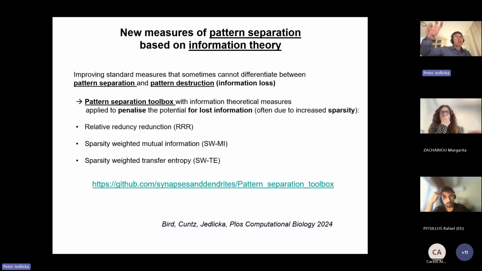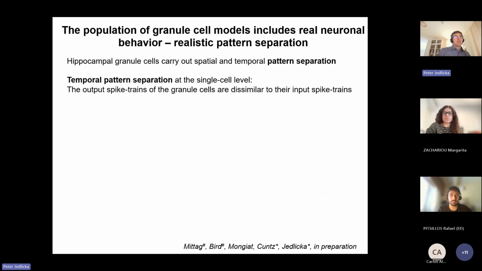But if you lose information, then you also decrease pattern separation. So basically, it's a combination of sparsity and mutual information. Okay, you don't have to understand this in detail. I didn't even really explain this to you. So if you want to know the details, read Alex's paper. But just believe me now that we have a good measure to quantify pattern separation in our granule cell models, okay?